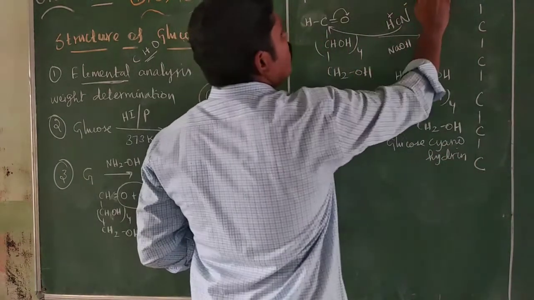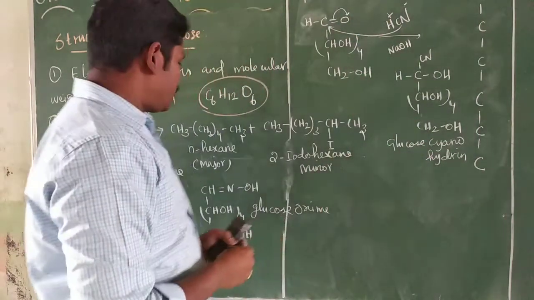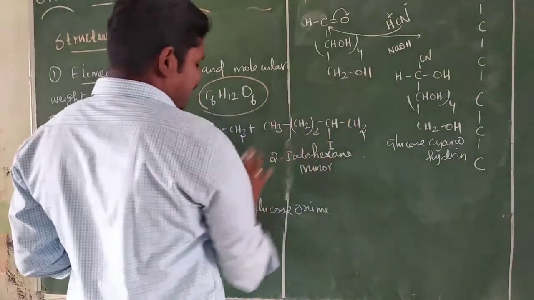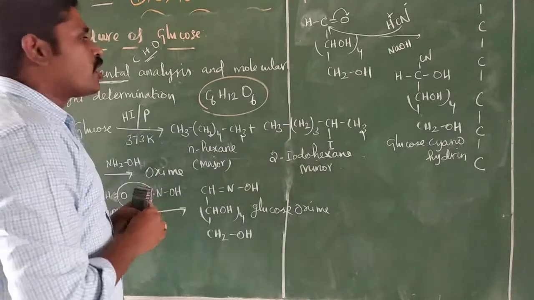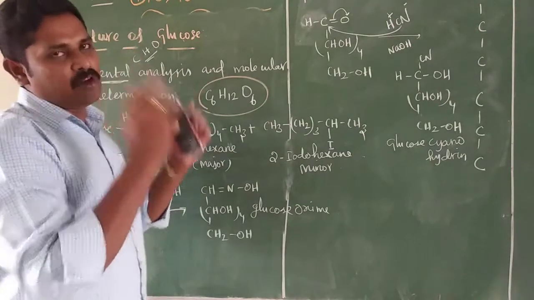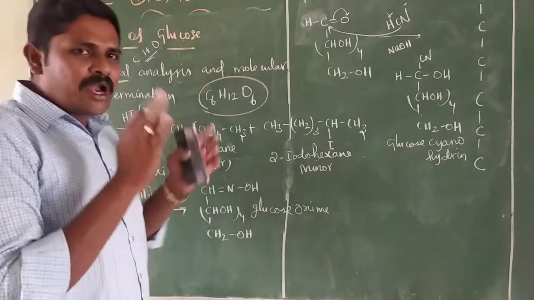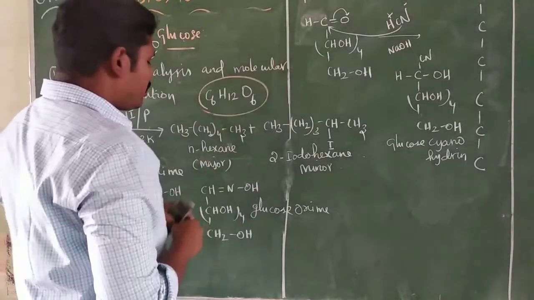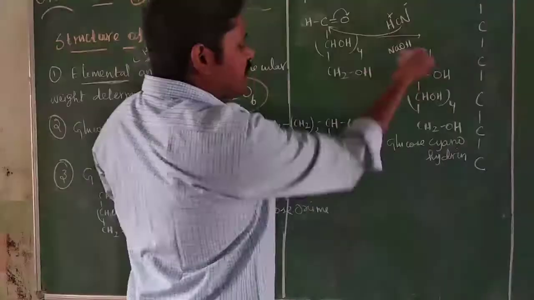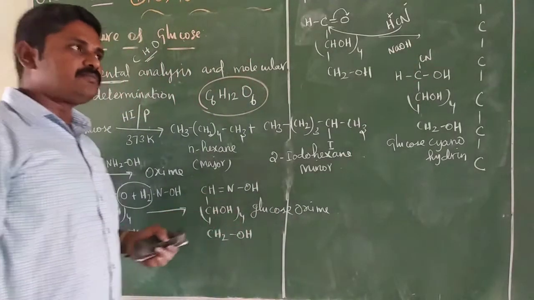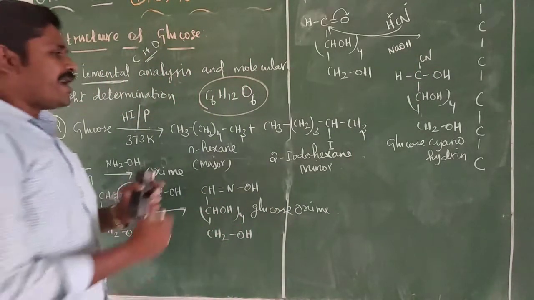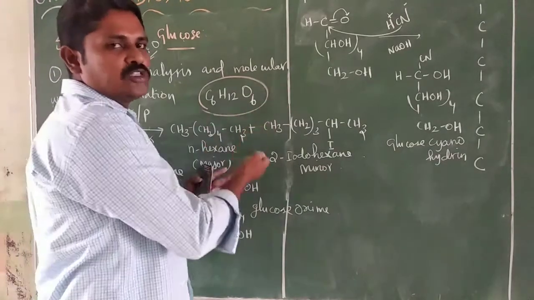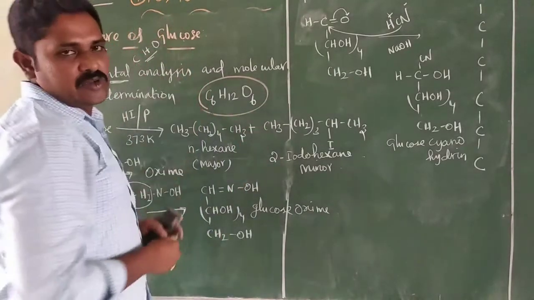So these two reactions indicate glucose contains a carbonyl group. Only a carbonyl group reacts with hydroxylamine and HCN to give oxime and cyanohydrin products. So either an aldehyde or ketone is present in glucose.